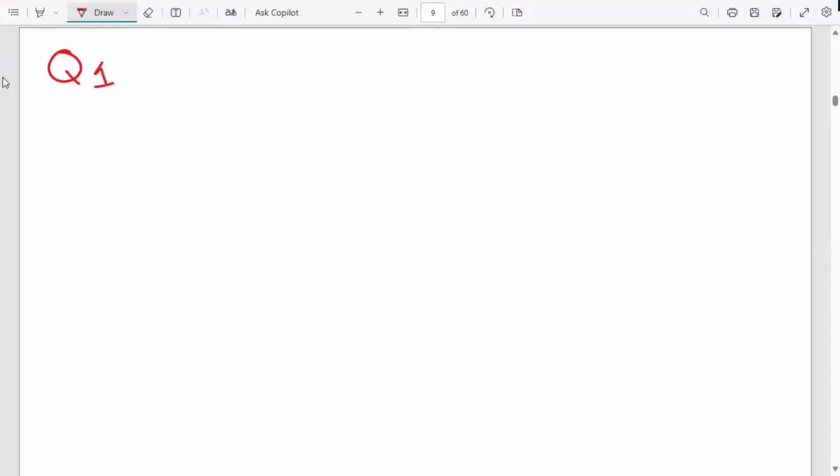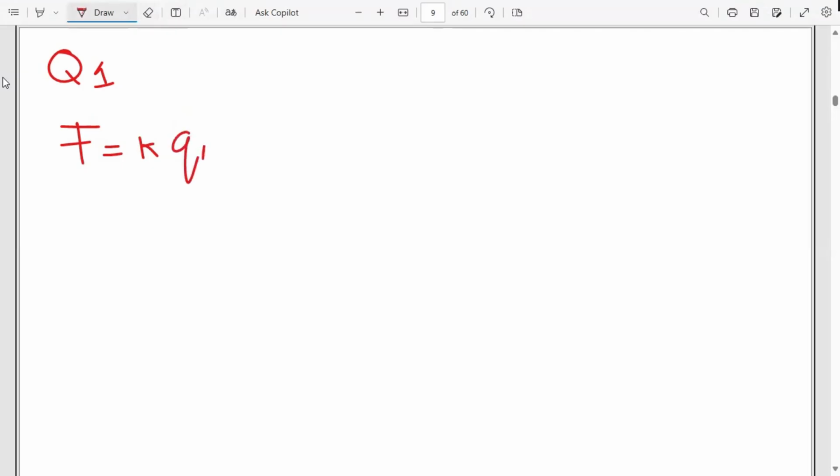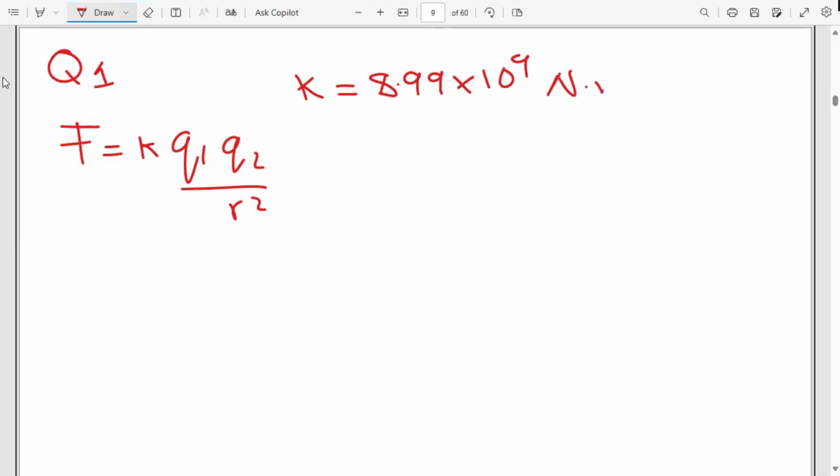This is question 1. Using Coulomb's constant, the electrostatic force between two charged particles will be equal to K Q1 Q2 over R squared. We already know the value of K is 8.99 times 10 to the power 9 newton meter squared over coulomb squared.